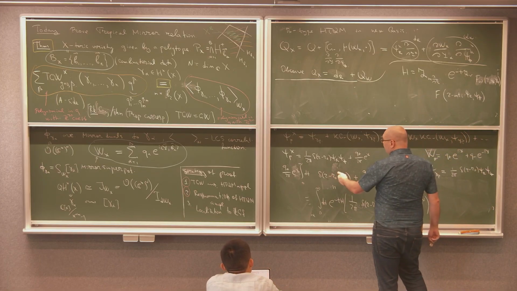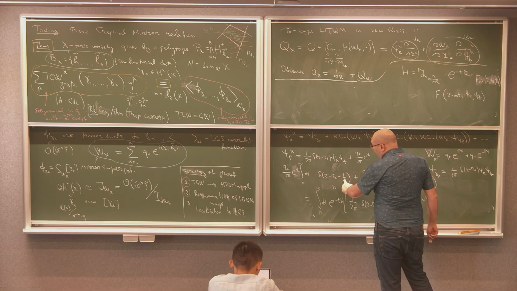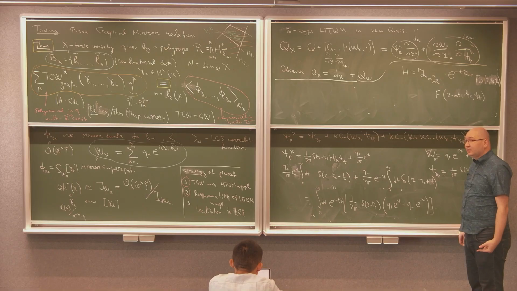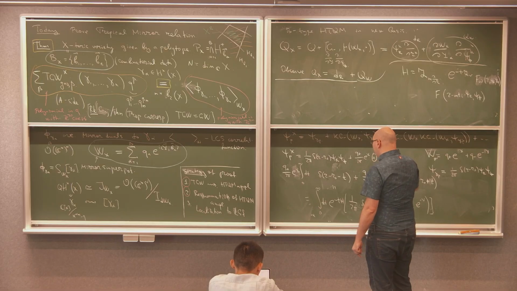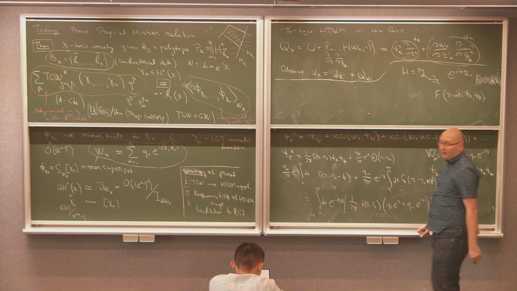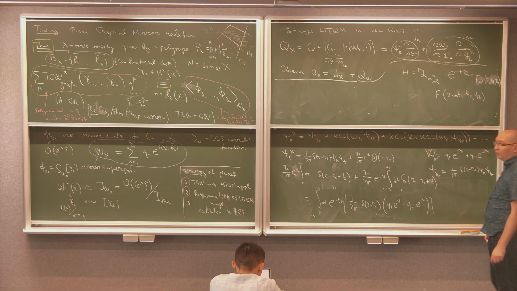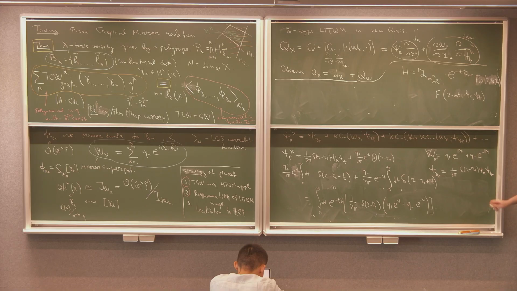So what is the condition for hitting this argument? It means that t should be equal to r minus r naught. But because t is positive, the only way to hit the delta function is if r minus r naught itself is positive. So the answer to this integral is the Heaviside theta function of r minus r naught. It is 1 if r minus r naught is positive and 0 otherwise.